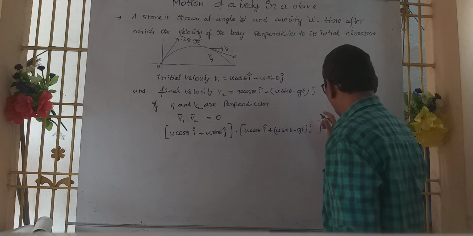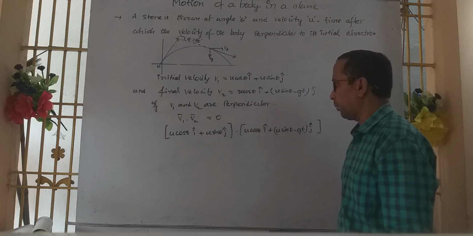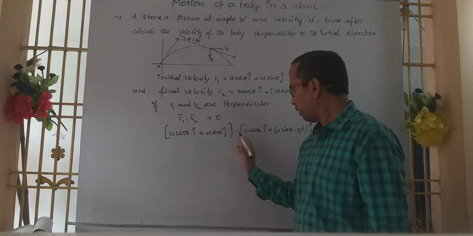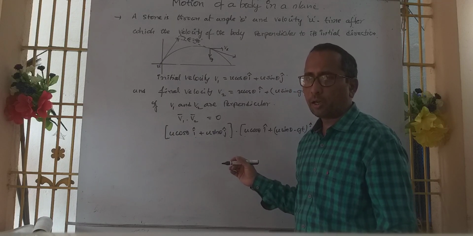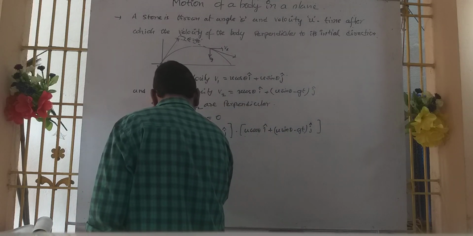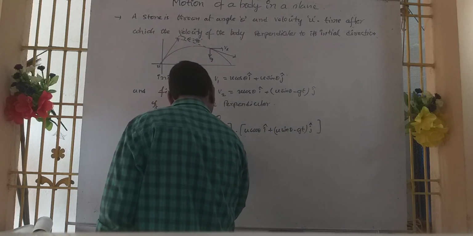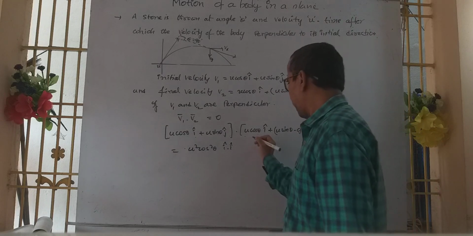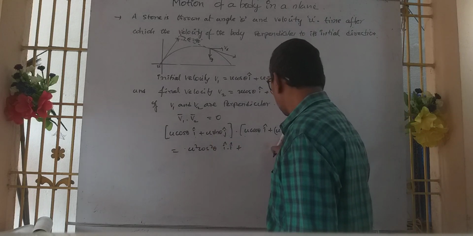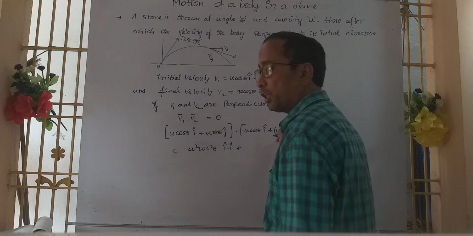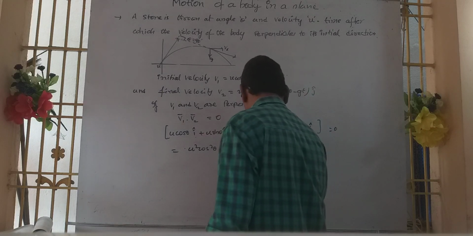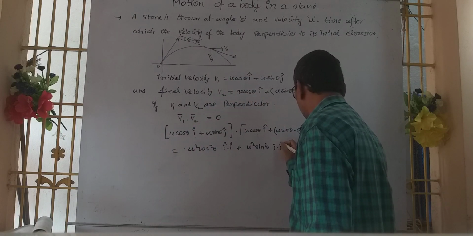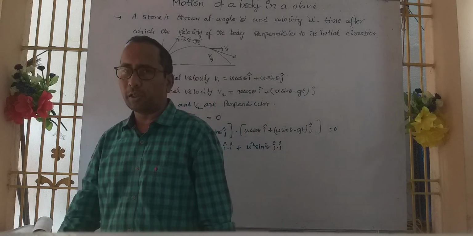Now multiply these two using the dot product. u cos theta i into u cos theta i means u square cos square theta, that is u square cos square theta i dot i, plus u sin theta into u sin theta j j, that is u square sin square theta j dot j.